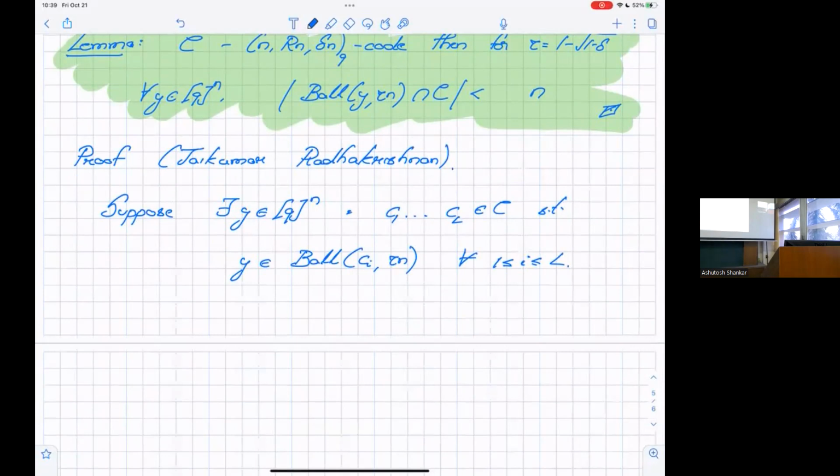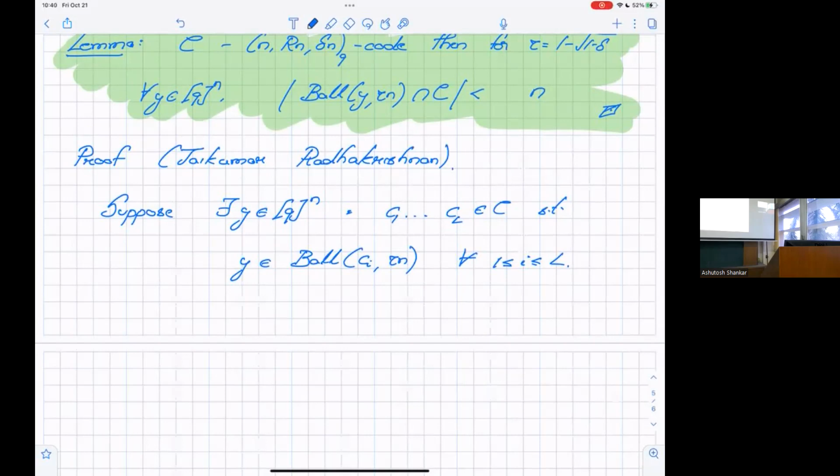There are two things happening. Because y is in the ball around Ci, Ci and y share a lot of agreements, but the Ci's among themselves are fairly distinct because they are at least delta apart from each other. So there's a sort of tension.